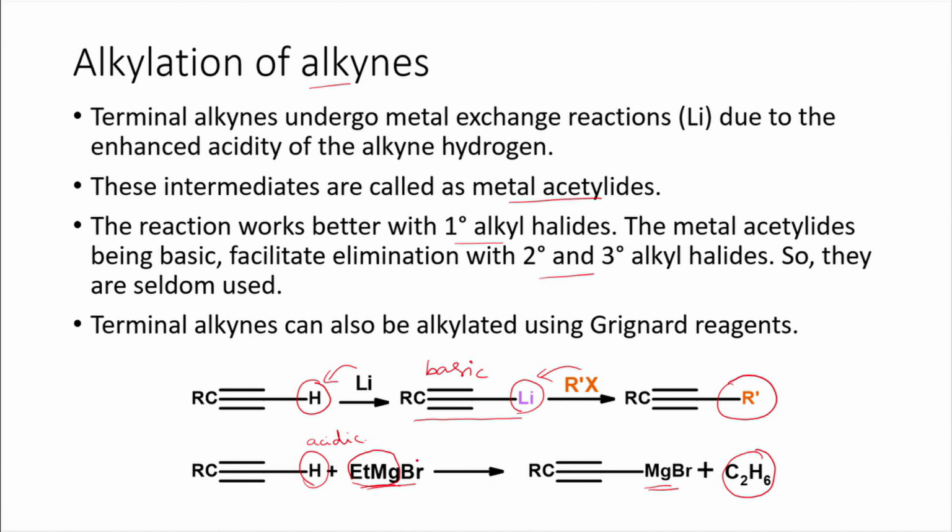For example, when we are preparing the Grignard reagent, we generally avoid the presence of water or any acidic substance, because the ethyl magnesium bromide undergoes conversion to the corresponding alkane. So, this is basically a side reaction if we are using normal Grignard reagents. But in the case of alkynes, this is a very useful method. We can actually exchange the hydrogen to give additional Grignard reagents which can be prepared using this method.